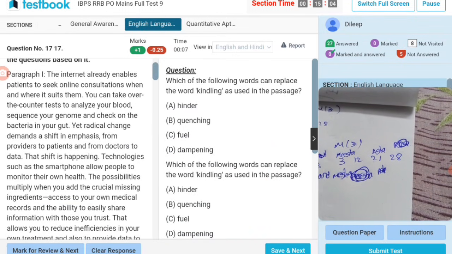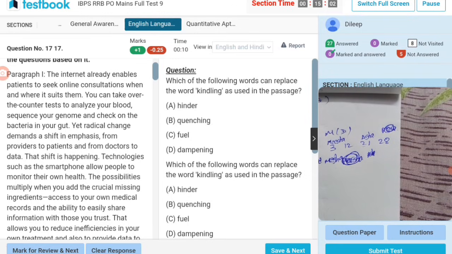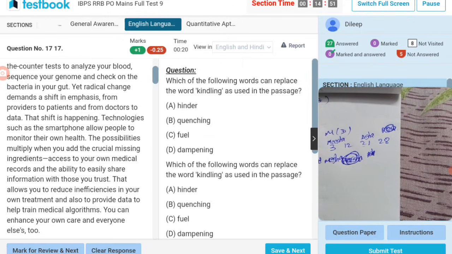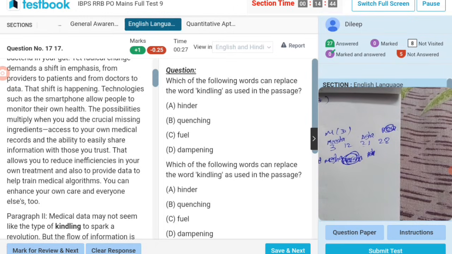The internet already enables patients to seek online consultations when and where it suits them. You can take over the counter tests to analyze your blood, sequence your genome, and check on the bacteria in your gut. Yet, radical change demands a shift in emphasis from providers to patients and from doctors to data. That shift is happening.